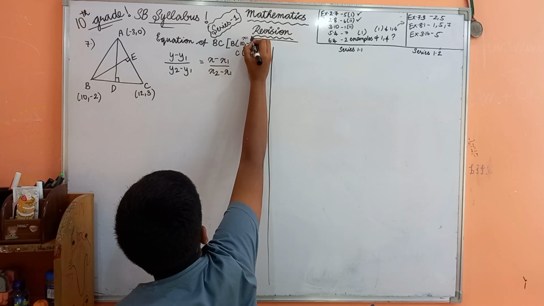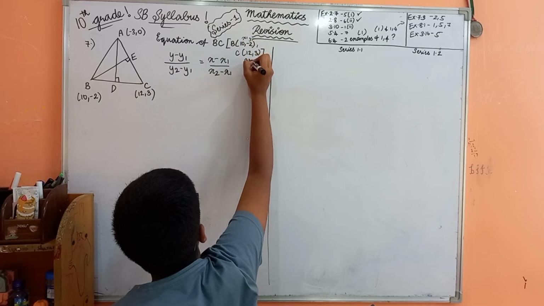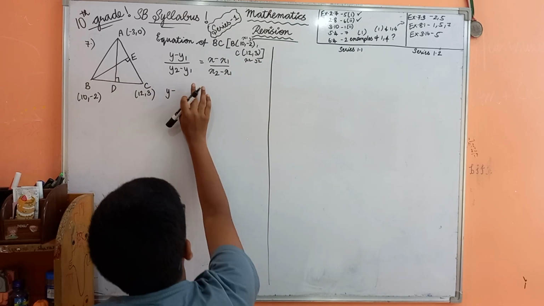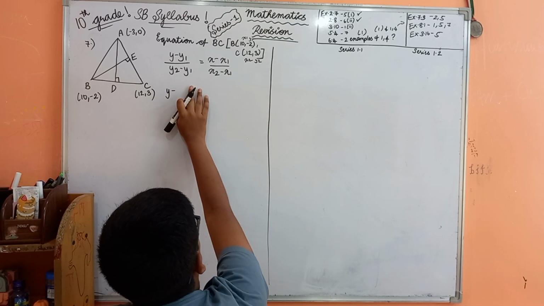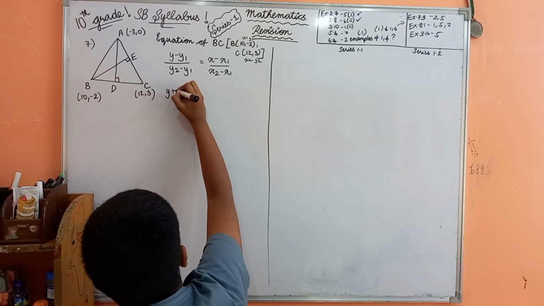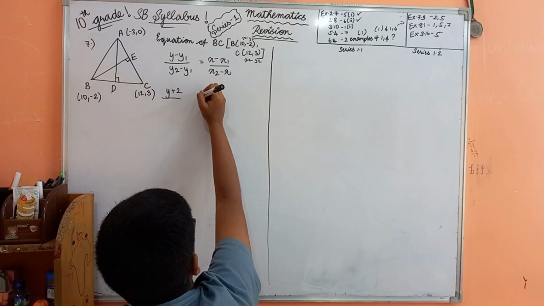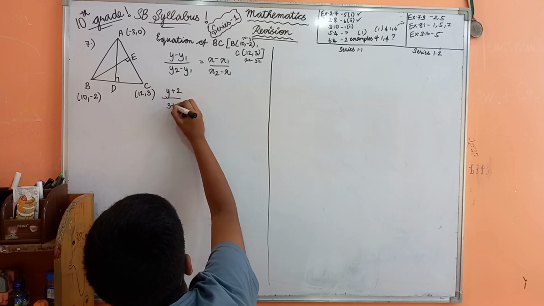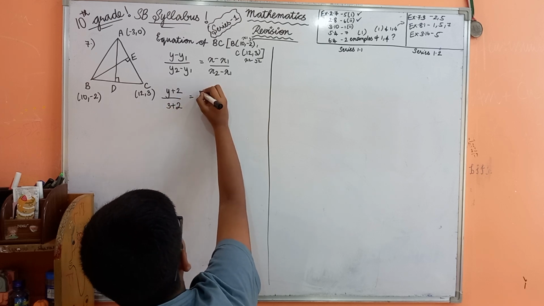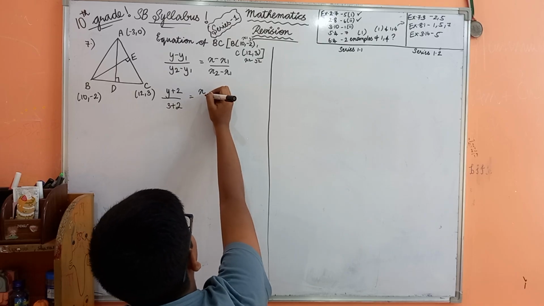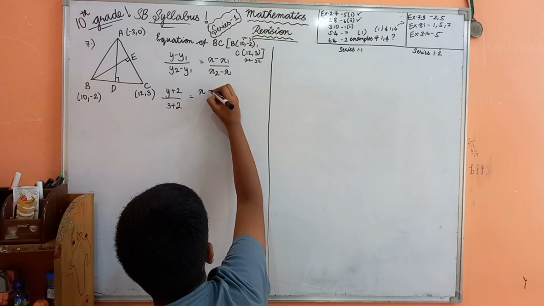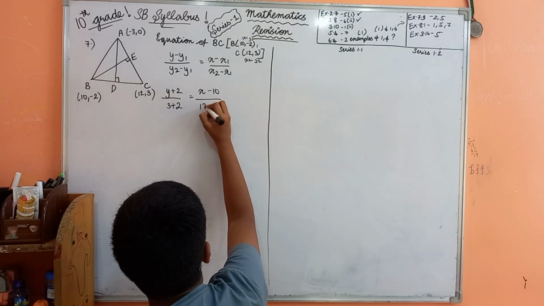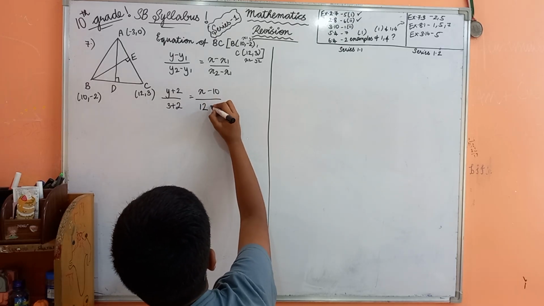This will be x1, y1, x2, y2. So y1 is minus 2, so minus plus, so y plus 2 by y2, which is 3, minus y1, which is minus 2, equal to x minus 10 by x2 minus x1, which is 12 minus 10.